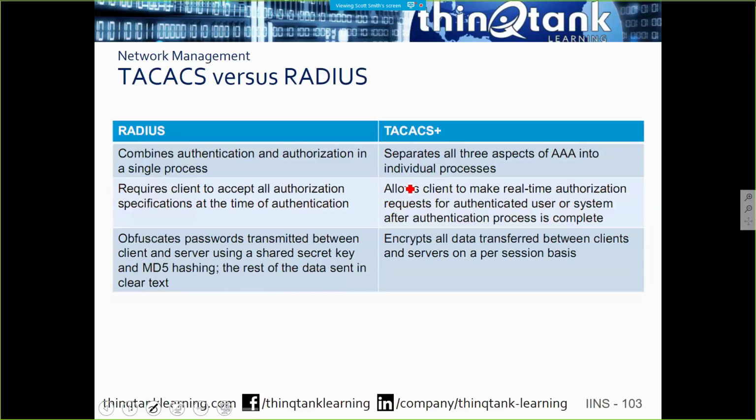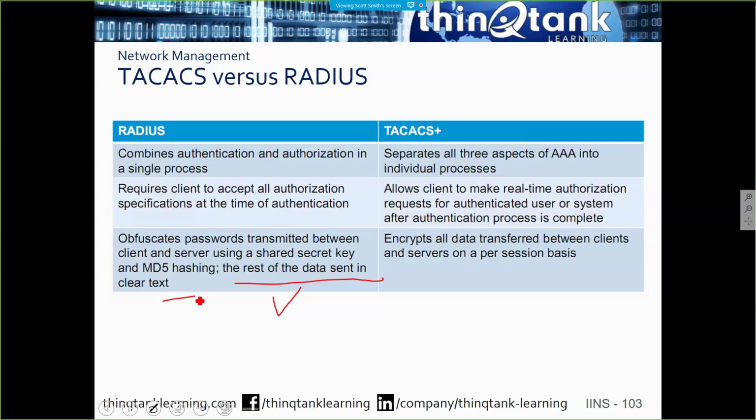The other thing that is different between Radius and TACACS is with the actual authentication credentials. Radius obfuscates the passwords that are transmitted between the client and the server. We use a shared secret key and hashing to hash the passwords, but the rest of the data, including the username, is sent in plain text.